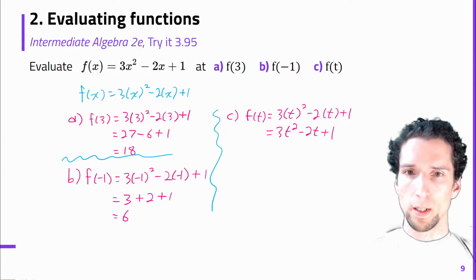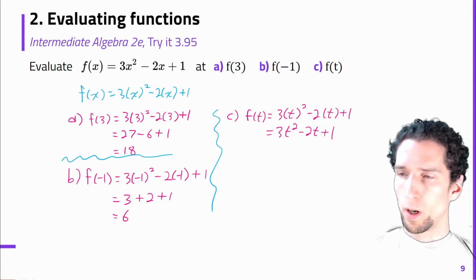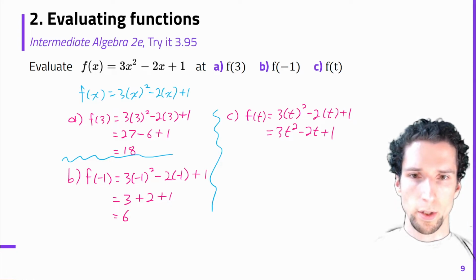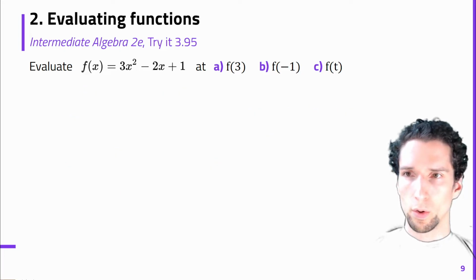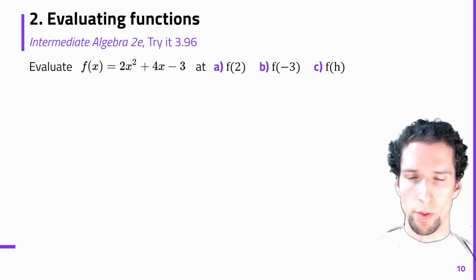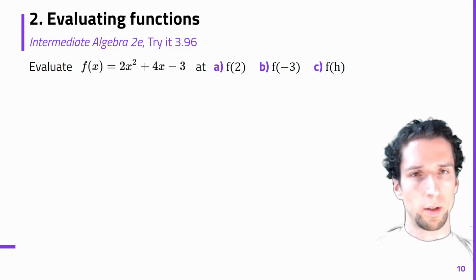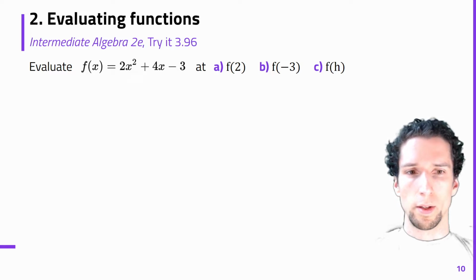Okay, that's it. So there are the 3 that we were asked to evaluate here. That's my turn. And your turn with this function. Still pretty similar, still pretty easy. So take a moment, figure this out, and I'll see you soon.